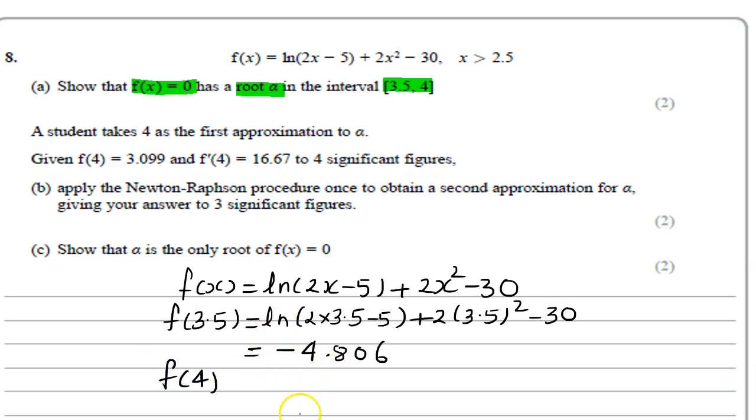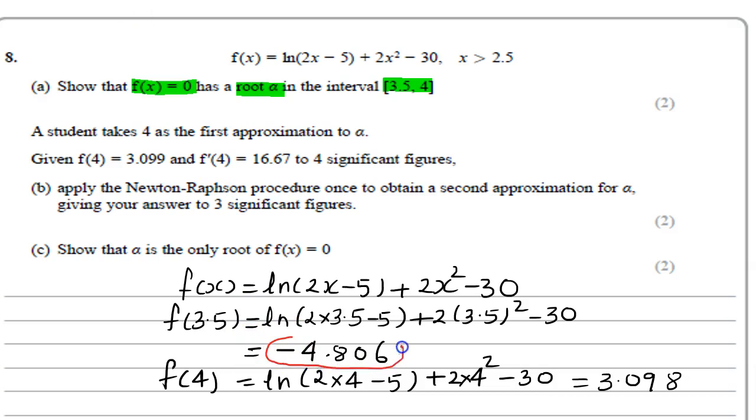Let's put another value, f(4), here. So it will be ln(2 times 4 minus 5) plus 2 times 4 square minus 30. If we put this value, we get 3.098. So if you see here, this is a minus sign and this is a plus sign.